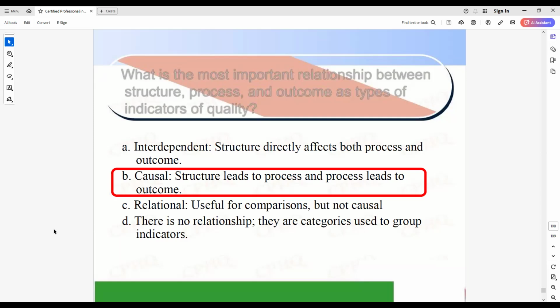Remember when we said if your outcomes are great, that means you don't have to worry about your process, because good processes lead to good outcomes. So always remember the relationship between structure, process, and outcome is the cause and effect, or causal, relationship. Interdependent, yes, they are interdependent, but in a way that's a cause and effect relationship.